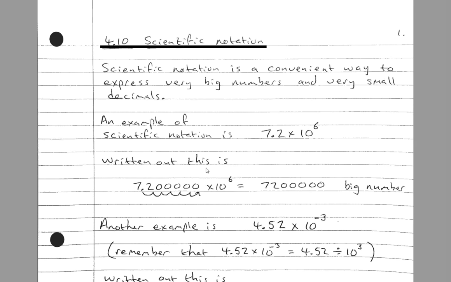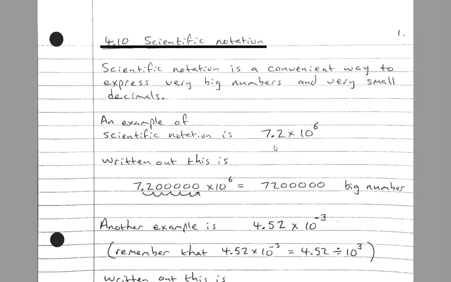If you write out this number explicitly, so if you remember multiplying by a power of 10, you're moving the decimal point that number of places to the right. So if you move that decimal point 6 places, you end up, I've added these insignificant zeros to give myself space, you get this number.